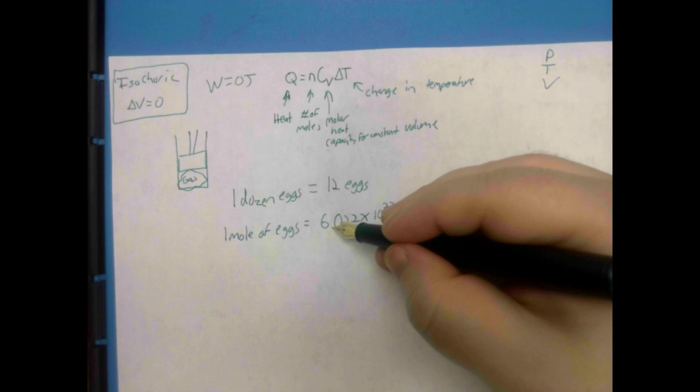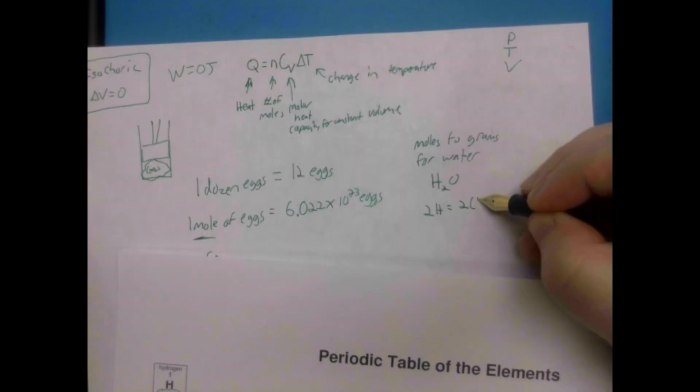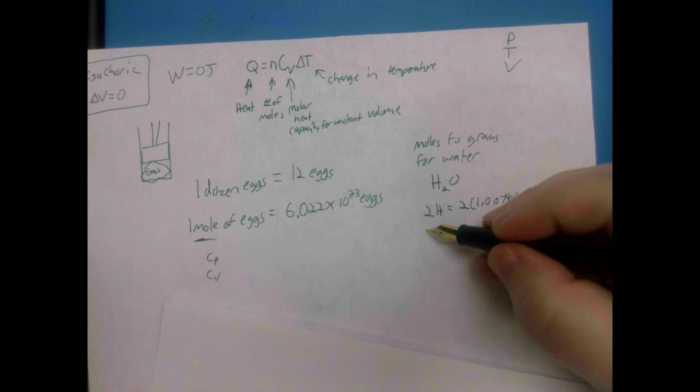The chemical formula for water is H2O. Hydrogen has a molecular weight of this. So we have 2 hydrogen atoms, so we do 2 times 1.00794. Then we have 1 oxygen. Looking it up, oxygen is this, so it'd be 1 times 15.9994.